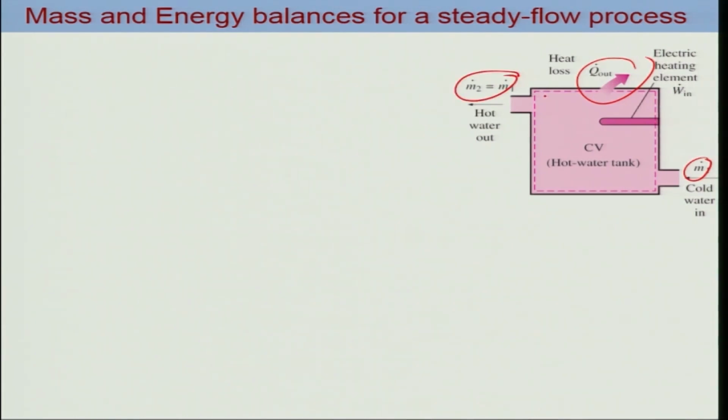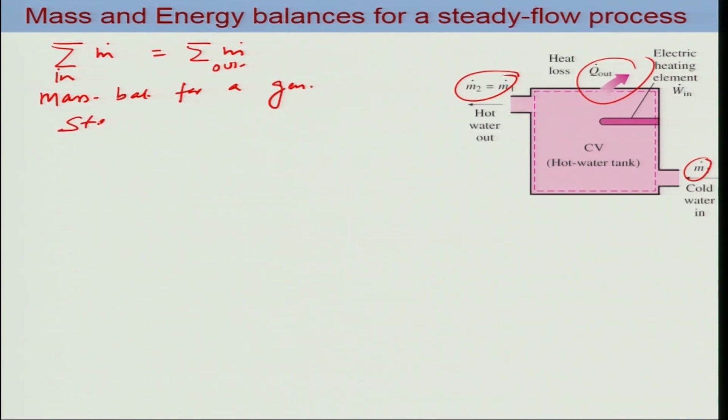Considering it is a steady flow, m in and m out should be the same. So, this we have already developed, that m in should be equal to m out. This is a mass balance for a general steady flow system.